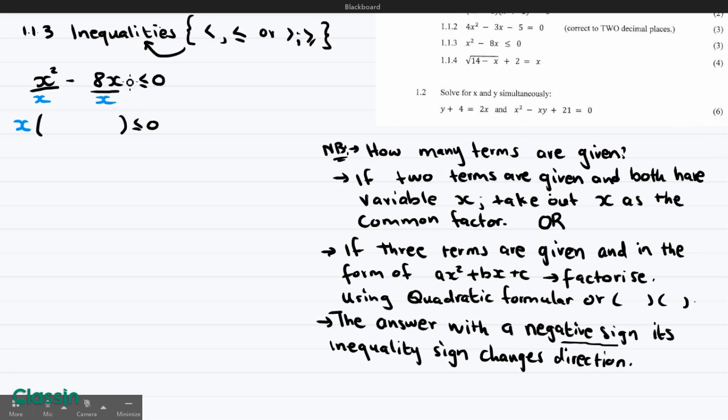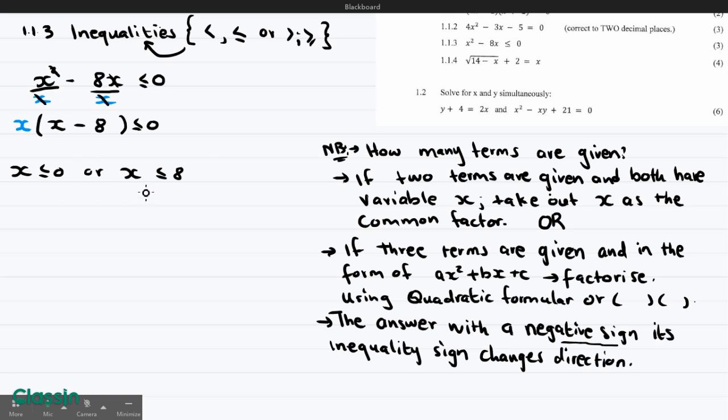So this x will cancel one x, leaving x. This x will cancel this other x, leaving minus 8. Now x is less than 0 or x is less than 8. So this is our solution.